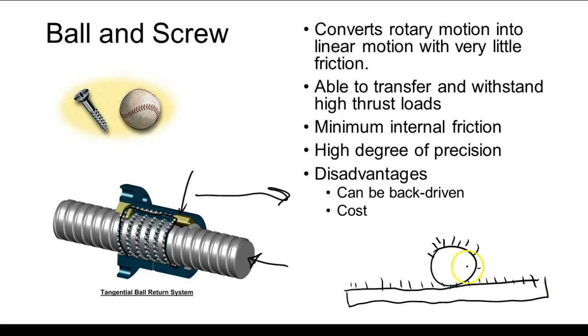This is another technique we can use to take a rotary motion and convert it over to a linear motion. This is the method they used to use in automobiles. This is the way they transferred it to your front wheel, the rack and pinion. I don't think we have a rack and pinion over there.